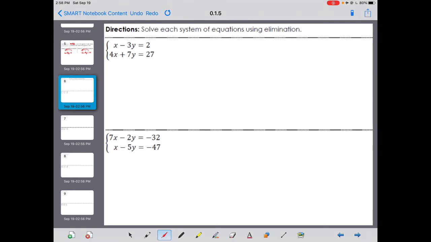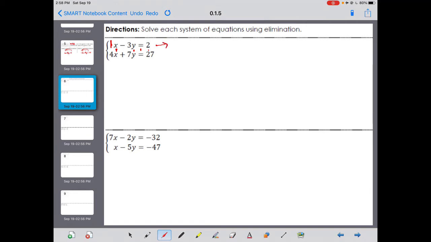Here, the x's don't line up, the y's don't line up, and we don't really care about the coefficients as long as the equals are equals, the coefficients are coefficients, the y's are the y's, and the x's are the x's. We just need one of them to line up. Now, I can't multiply 3 by a number to get to 7, but I can multiply 1 by a number to get to 4.